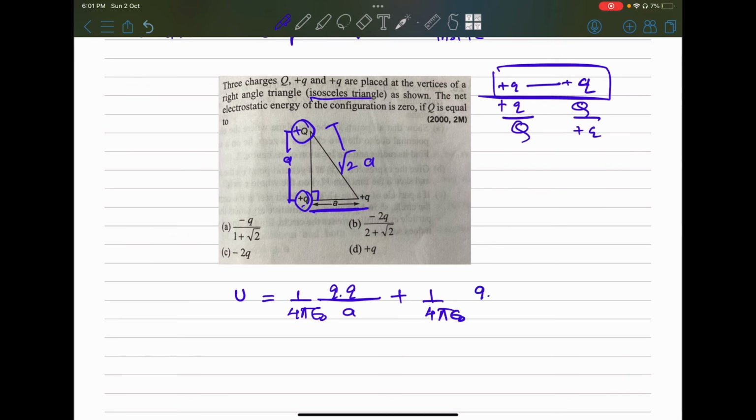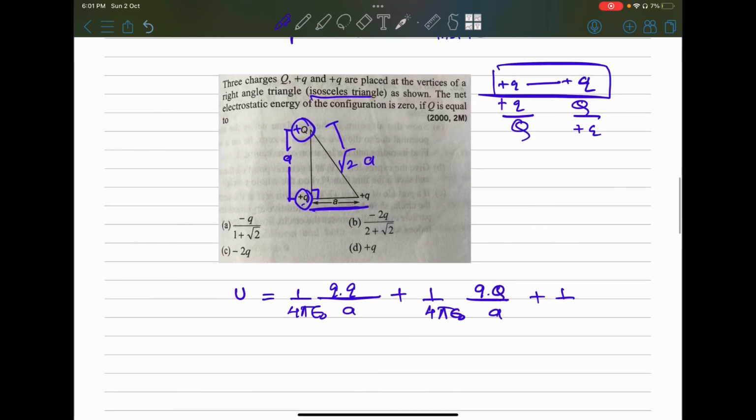A. So the formula will be like this, plus the third term, the interaction between this and this. So it will be 1 upon 4 pi epsilon naught q, but the distance will be root 2a this time. This configuration has energy 0, then we have to find what capital Q is.